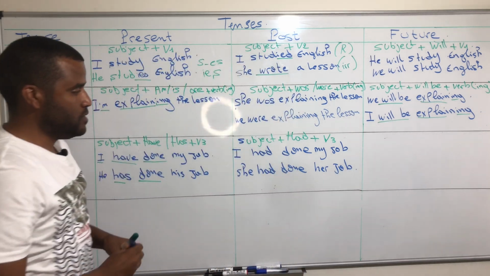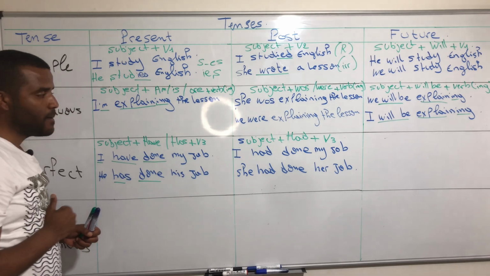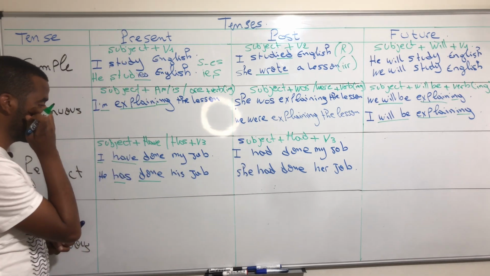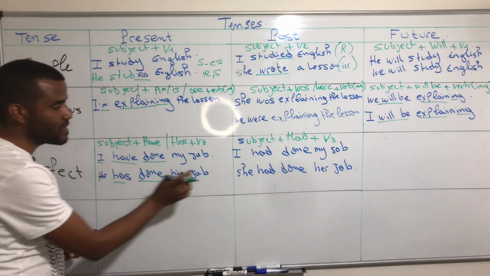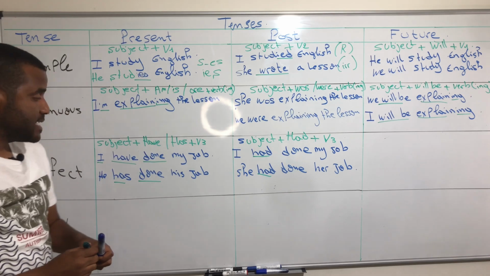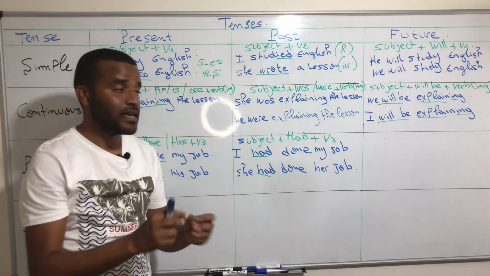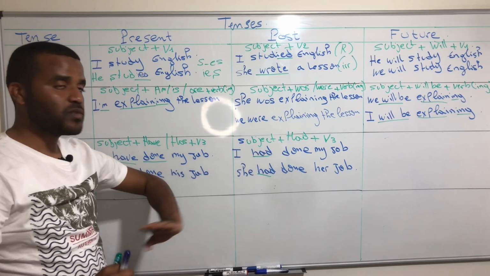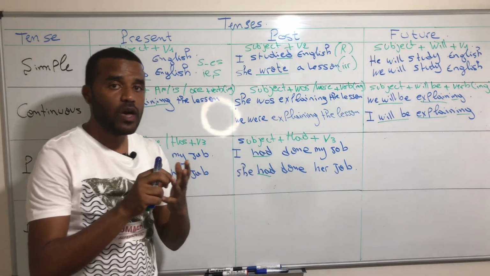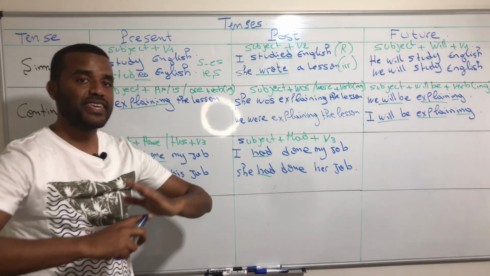So it may be similar to the first one, but there is a difference in the second part. We have have or has, but here we write had with all the subjects. In the past perfect we are not going to change anything. We have I had, you had, he had, she had, it had, we had, you had, and they had.